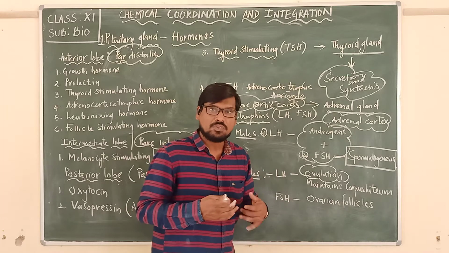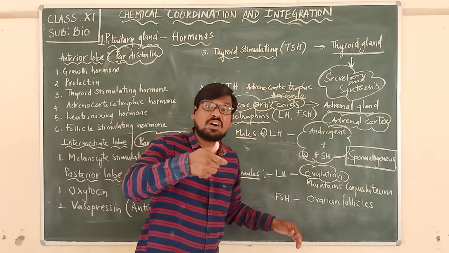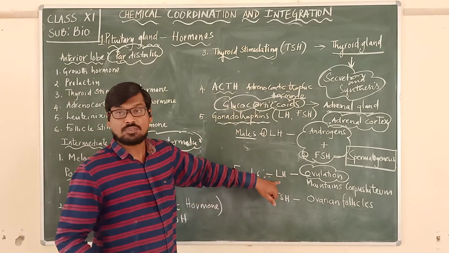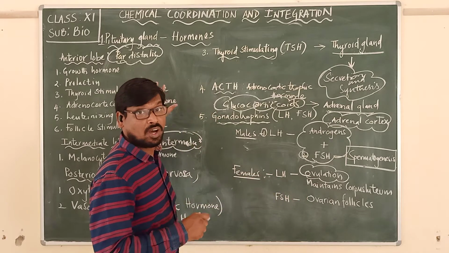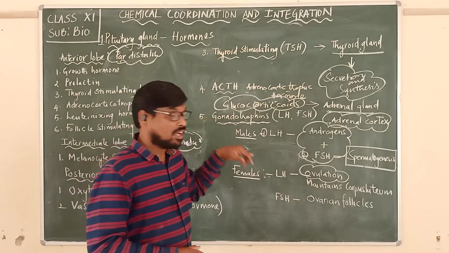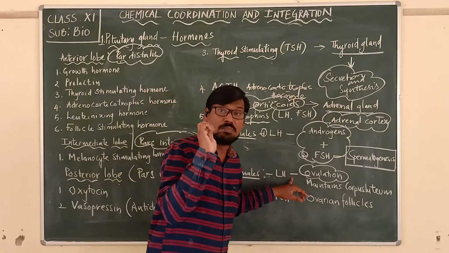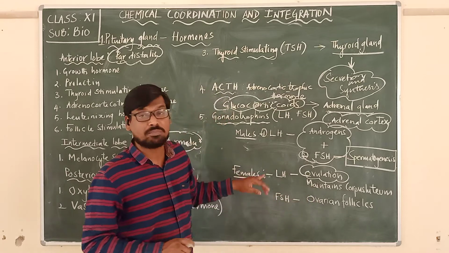The release of the egg is under the control of luteinizing hormone, which is produced in the anterior lobe of the pituitary gland, reaches the ovaries, and stimulates them for ovulation, to release the egg from the ovary.